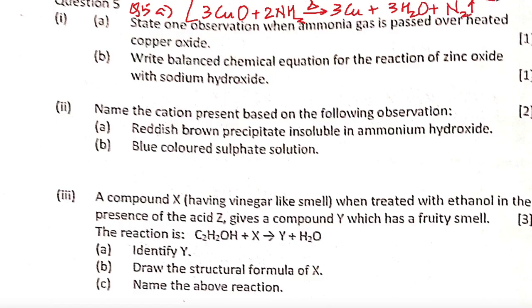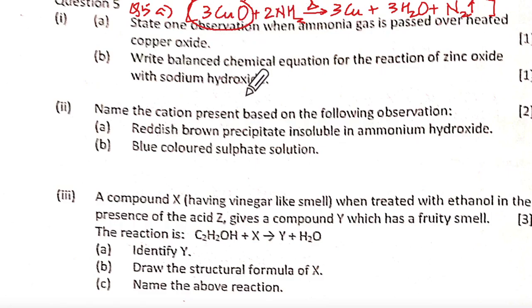Now these reactions are also important. Name the gas liberated, observation, or the reducing property of ammonia, or reaction of ammonia with a basic oxide. The other oxide in the textbook is lead oxide.